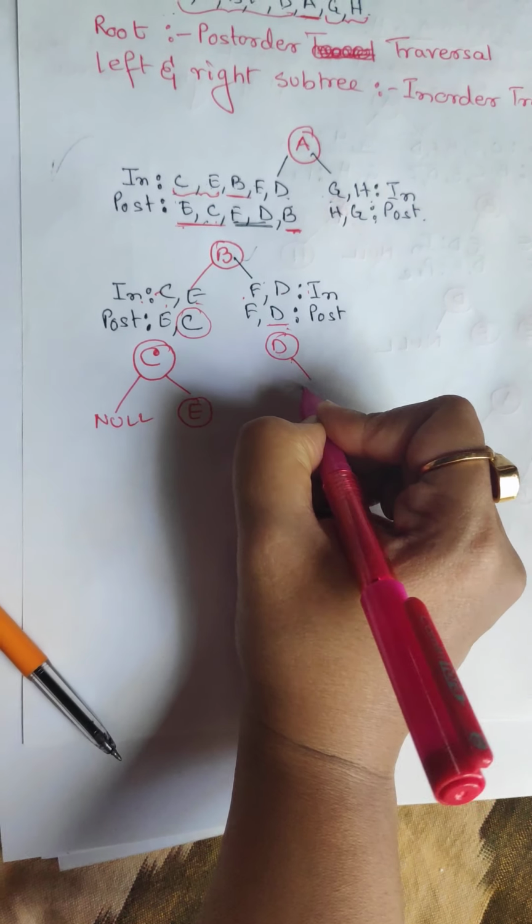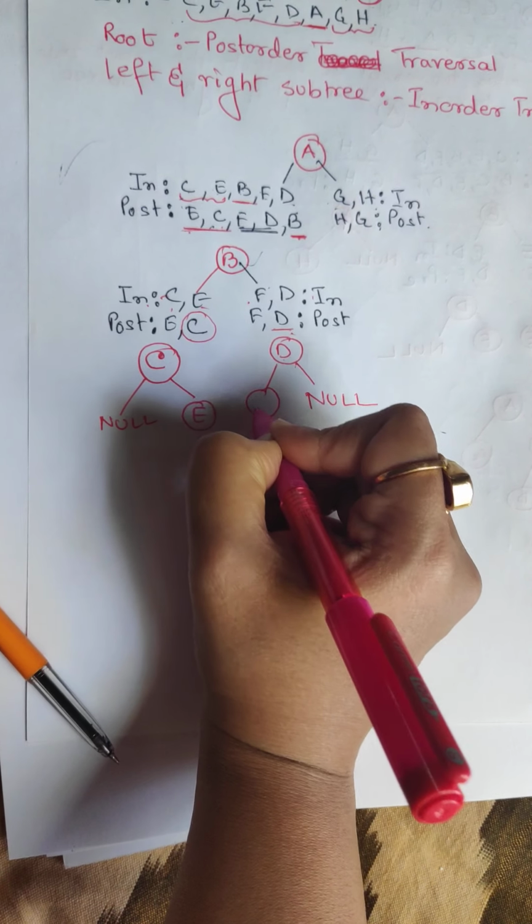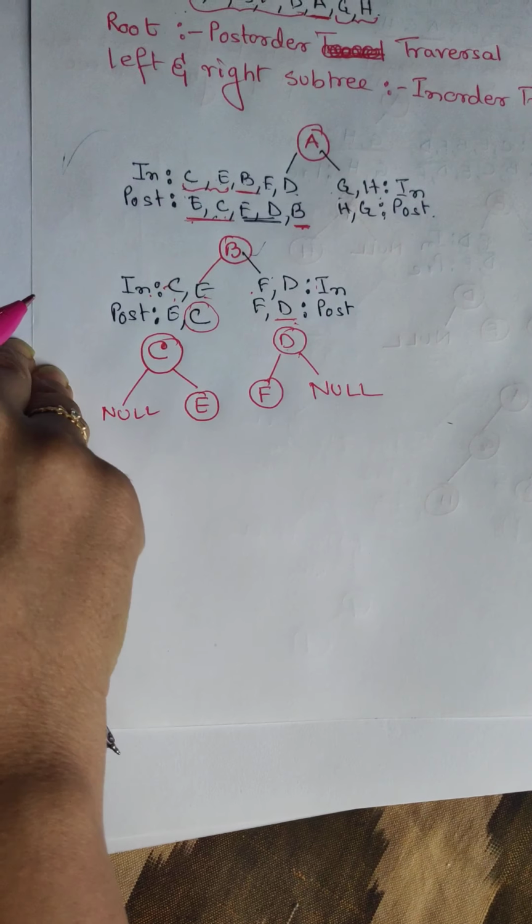So the right side of D is null and the left child of D is F.